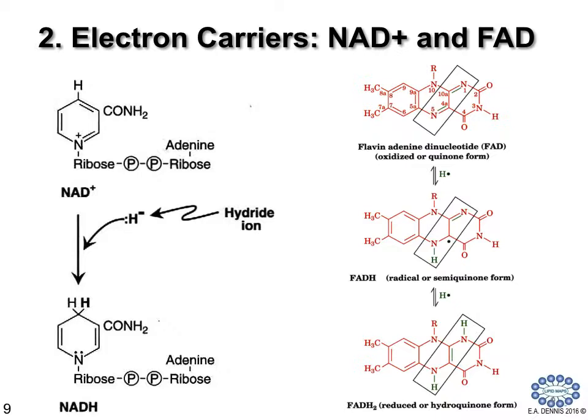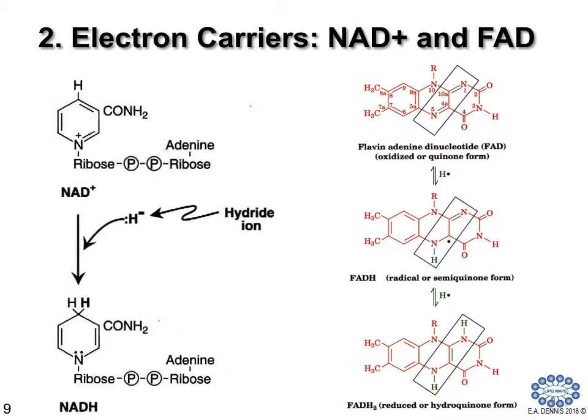In an analogous fashion, if one takes FAD, shown in the upper right, and adds a hydrogen with an electron, a so-called H dot, it adds to the FAD and results in a radical or semiquinone form. And when a second H dot is added, that combines with this form to make FADH2.